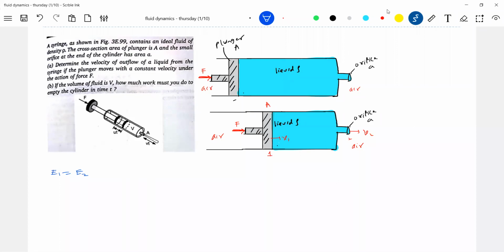P naught plus gauge pressure F by A, because I'm pushing this plunger with force F. So the equation will be P naught plus F by A, plus half rho V1 square, because the plunger will be moving with speed V1. 1 and 2 are at the same level. Then the pressure at 2, exposed to air, is P naught, and the liquid will emerge out with a speed V2.